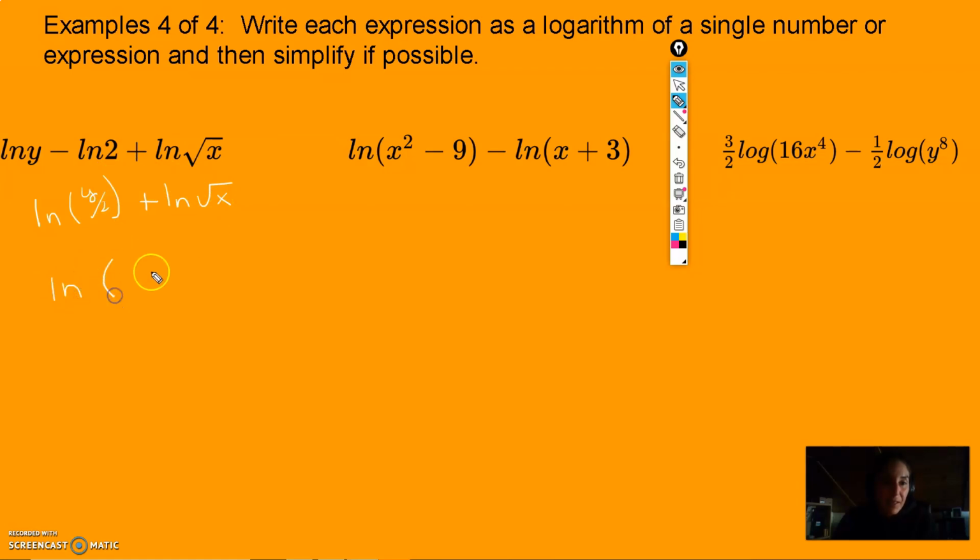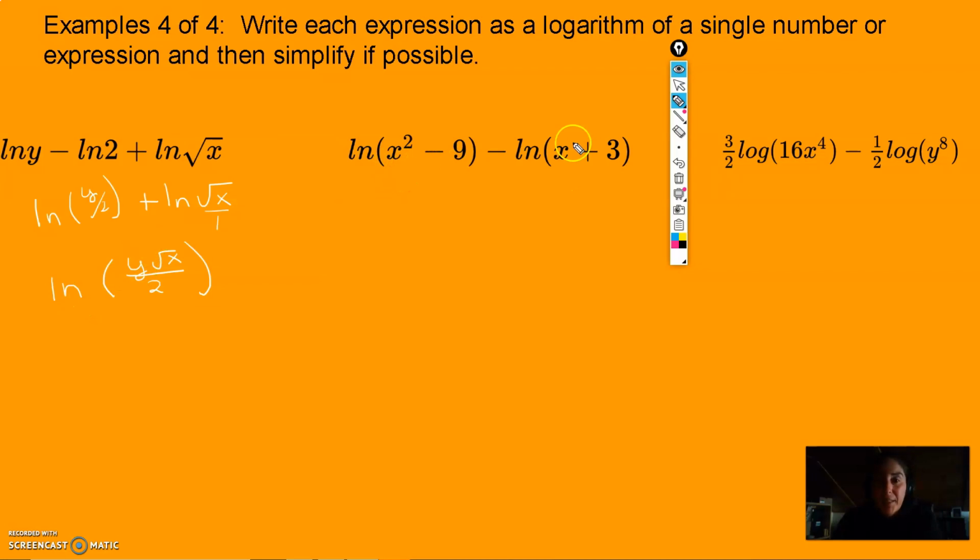So this will be ln of y over 2 times square root of x. So that'll simplify into y square root of x over 2, because this guy's really over 1. Multiply across, multiply across. So we get ln of y root x over 2. So that is a single logarithm, so our job is done here.